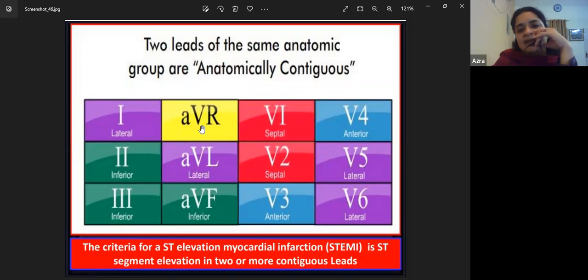Then aVL is lateral, and aVF is inferior. Next, V1 is septal and V2 is also septal, V3 is anterior, V4 is also anterior, V5 is lateral, and V6 is also lateral.